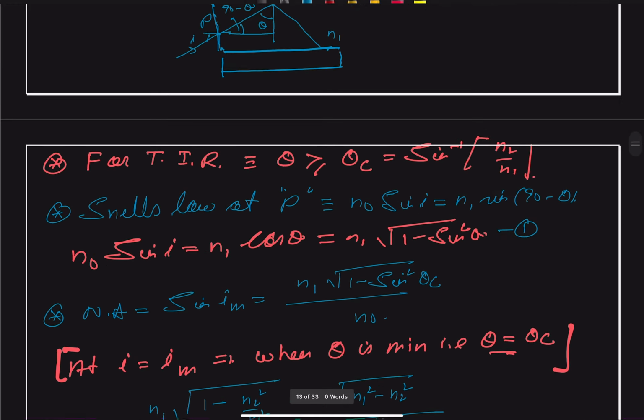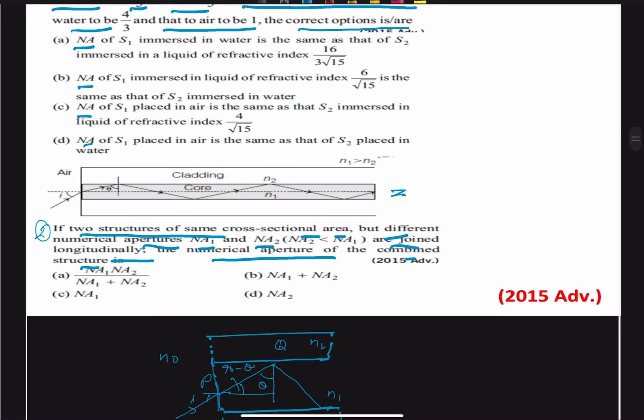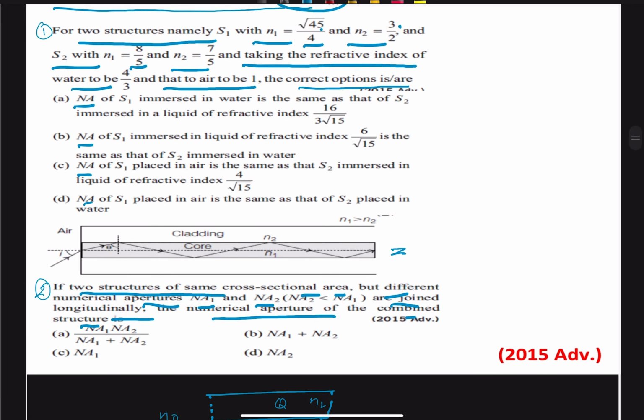So if you check the options, the option states that the numerical aperture of S1 immersed in water is the same as that of S2.